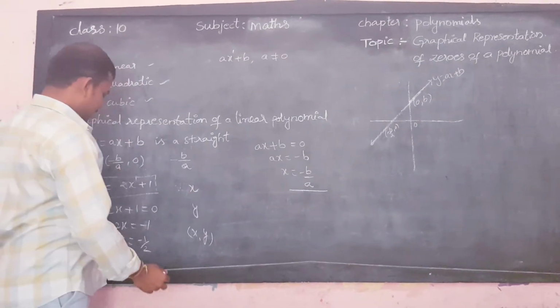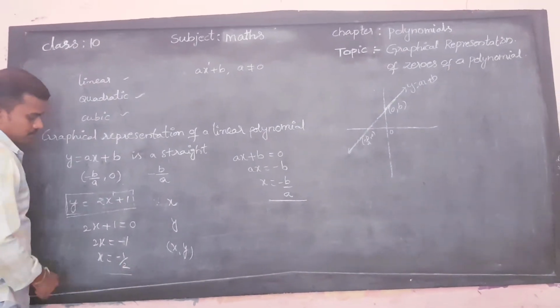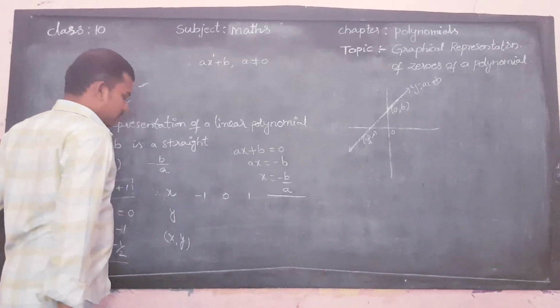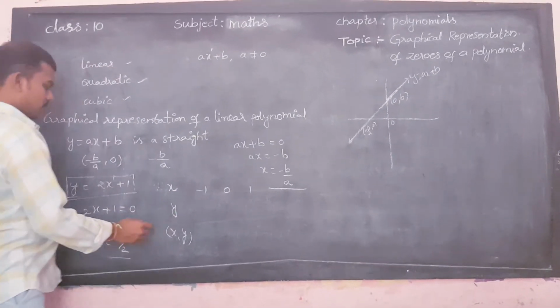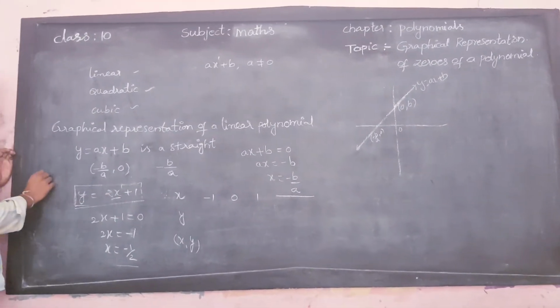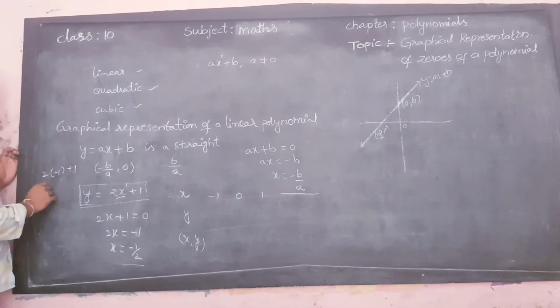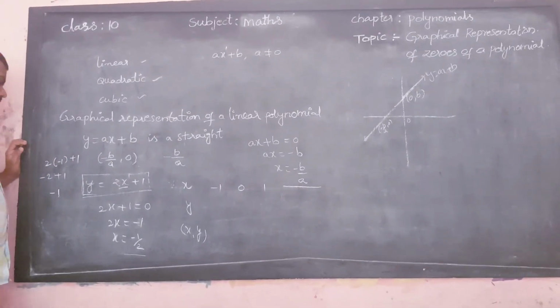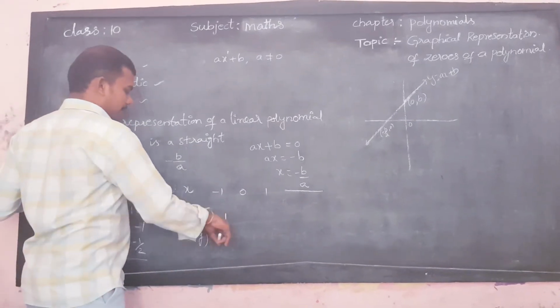So we take x values minus 1, 0, 1. Putting x equal to minus 1: 2 into minus 1 plus 1 is minus 2 plus 1, equal to minus 1. So y value is minus 1.